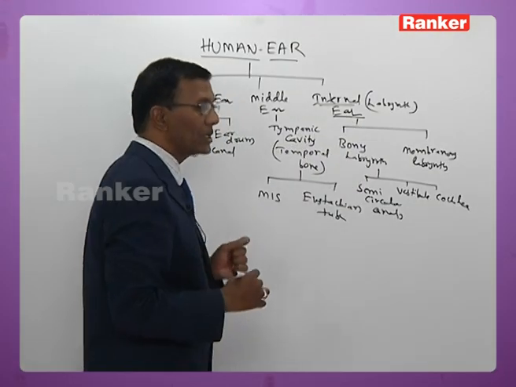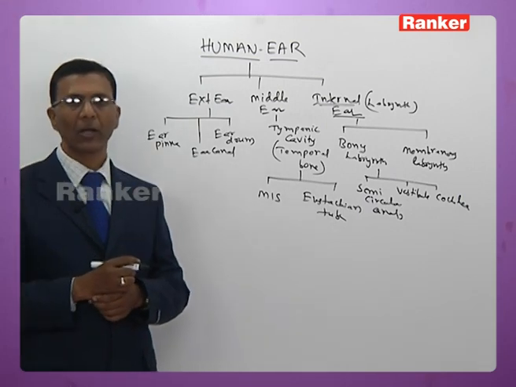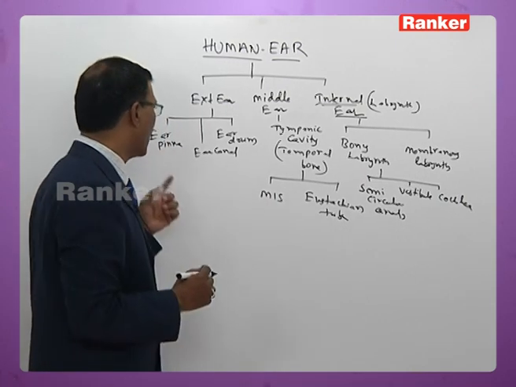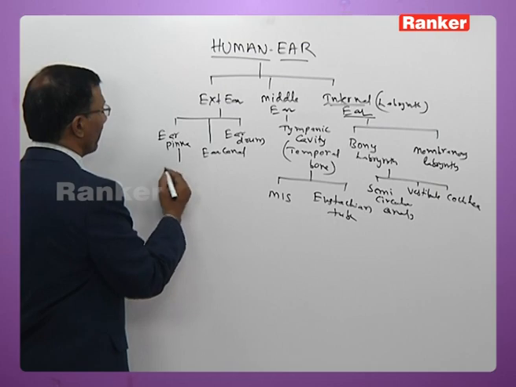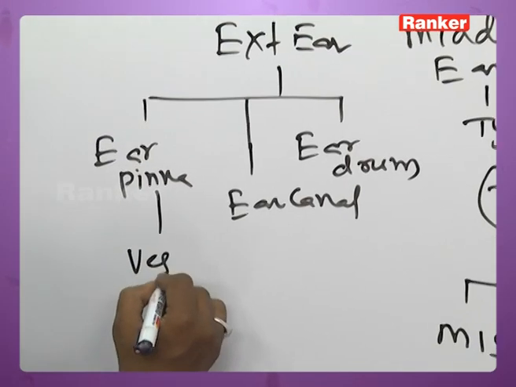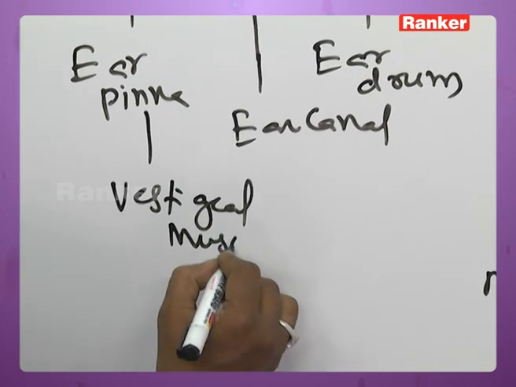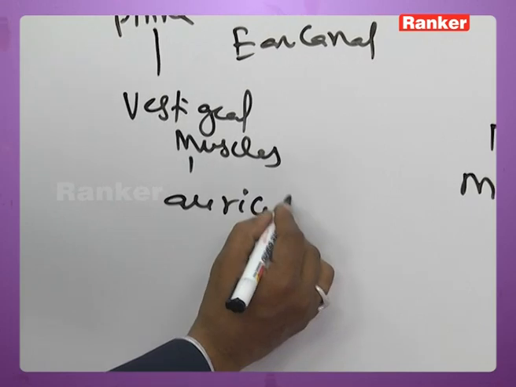Now we shall talk about each part in detail with a few important points which can be asked in EAMCET, Comedk, AIPMT, JIPMER, AIIMS and so on. To start with the ear pinna: the human ear pinna is vestigial.